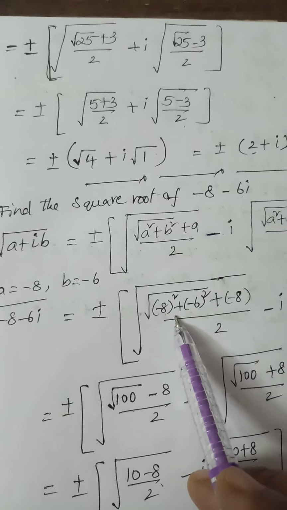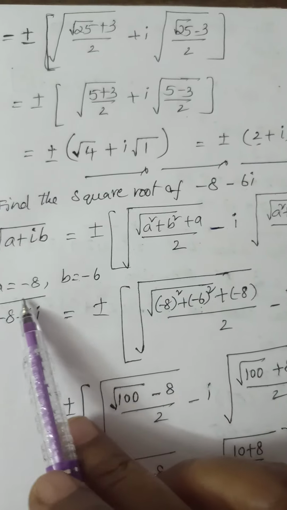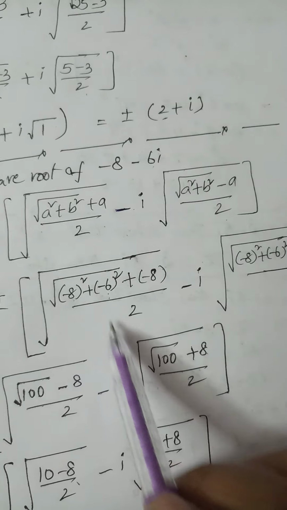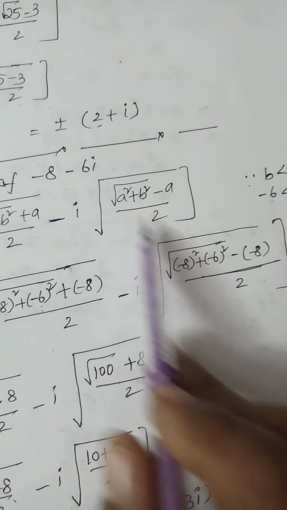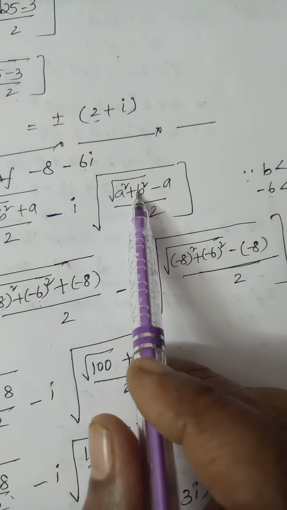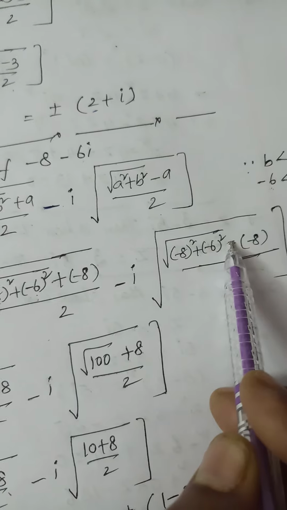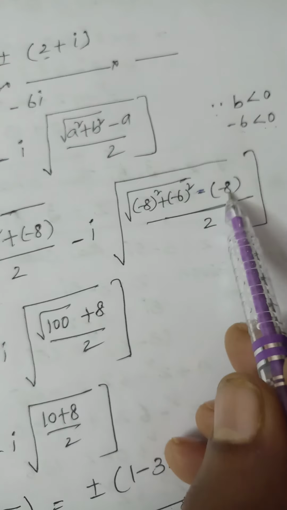So a square means minus 8 whole square plus b square means minus 6 whole square plus a value, plus minus 8 by 2 minus i into root of root a square means minus 8 whole square plus b square means minus 6 whole square minus, a minus is there, and a value is again minus 8, another minus 8.